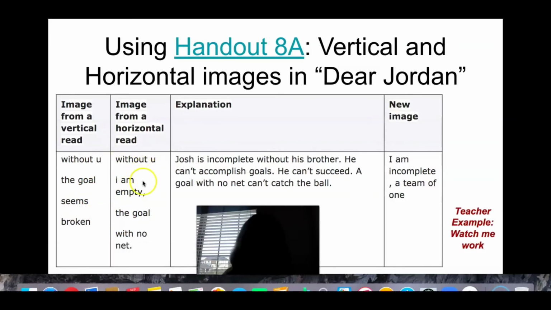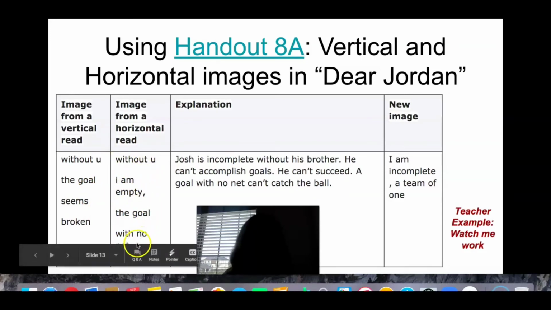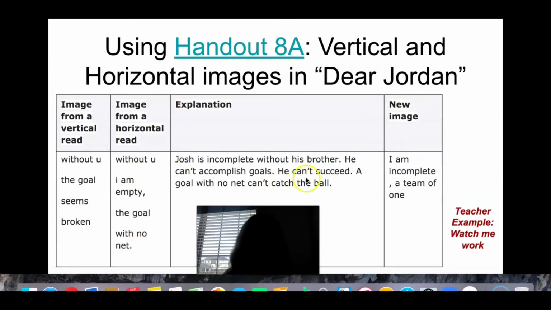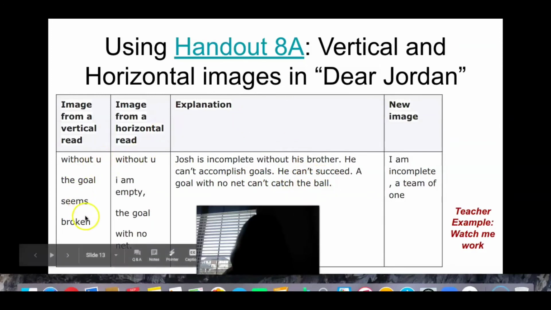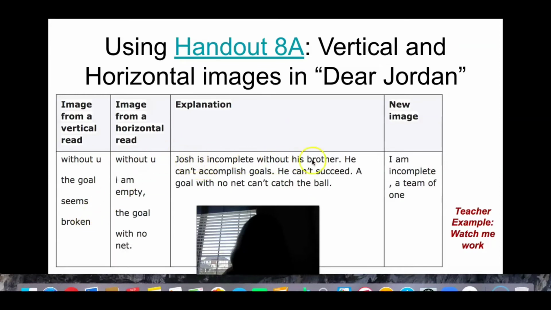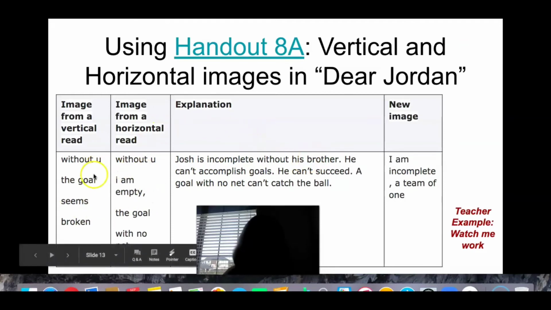Here it means he can't accomplish his goals without his brother. Two different ways that I read this poem and two different meanings that I got from it.